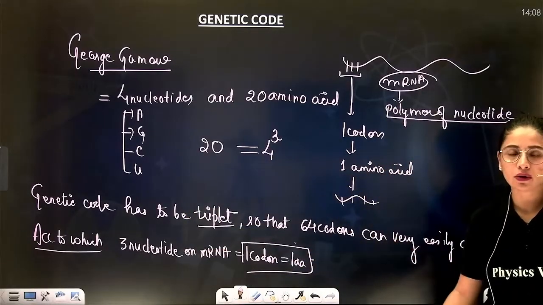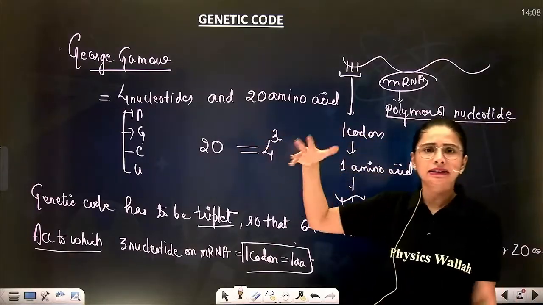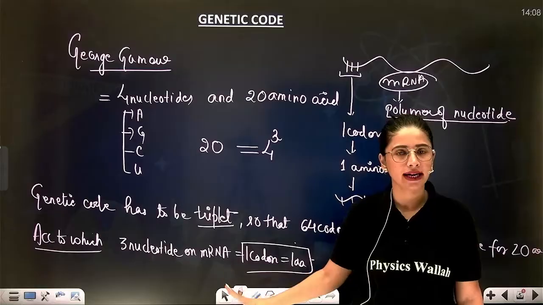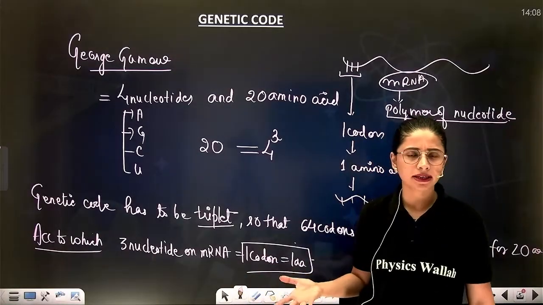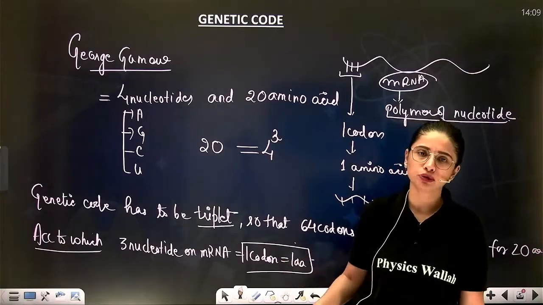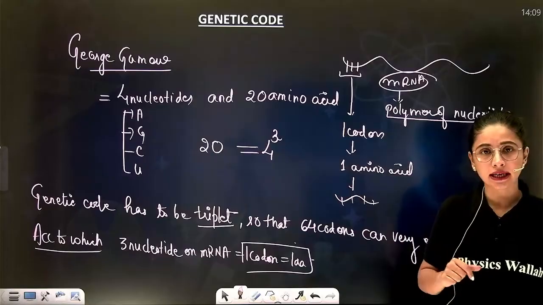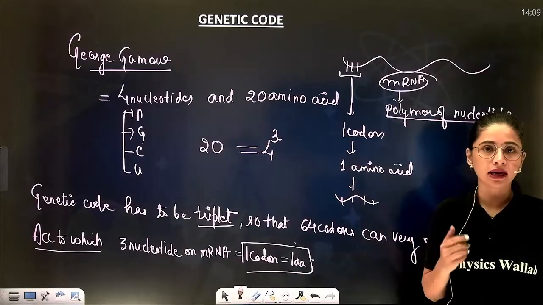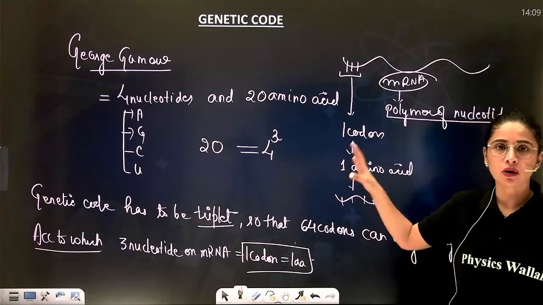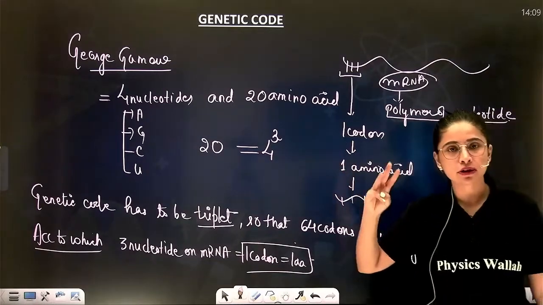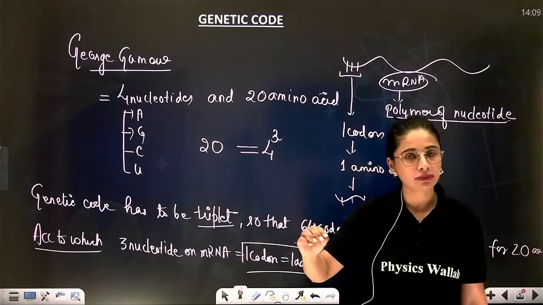So the genetic code is simply triplet because this was just a thought of George Gamow, right? He did not perform any experiment in the lab. He was just a mathematician, so he used his combination permutation method to analyze what should be the nature of the genetic code, how the messages of mRNA should be read for protein synthesis. So according to him, on mRNA, the sequence of 3 nucleotides will read one amino acid.